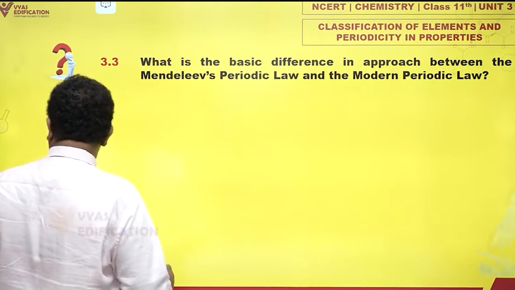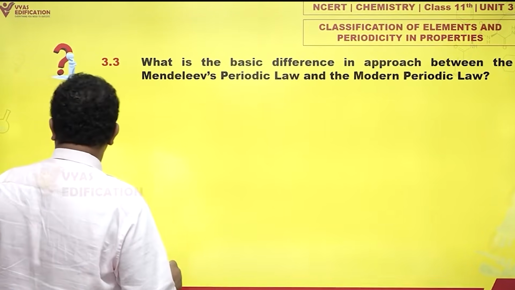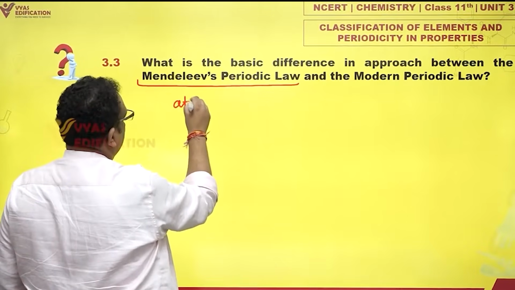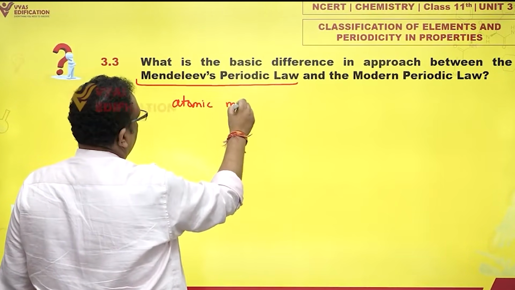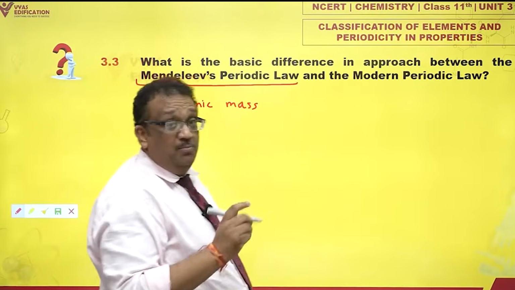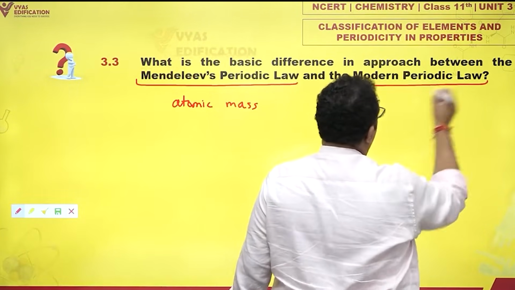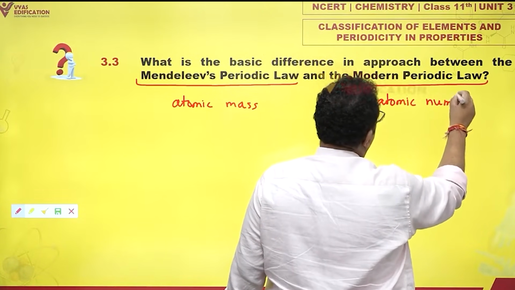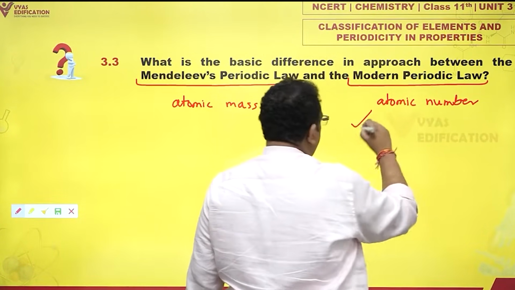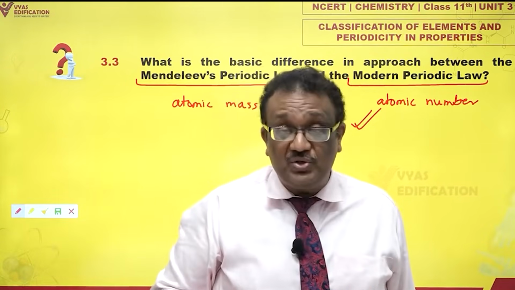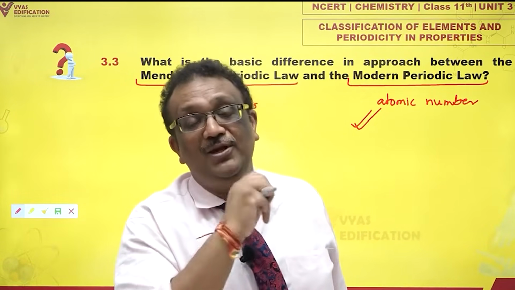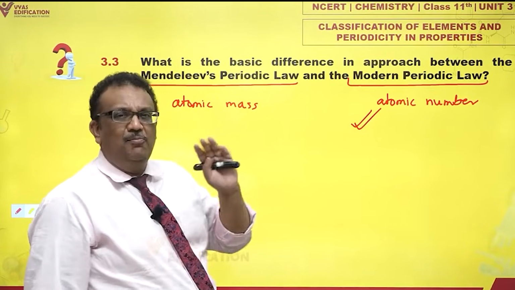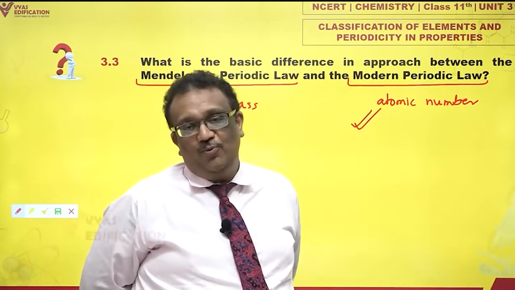If you talk about Mendeleev, this has been the stand of Mendeleev. He talks about atomic mass. And the modern periodic law talks about the atomic number. And indeed, this was the case. Atomic number was found to be a more fundamental property as compared to atomic mass, and this is the major difference between these two approaches.